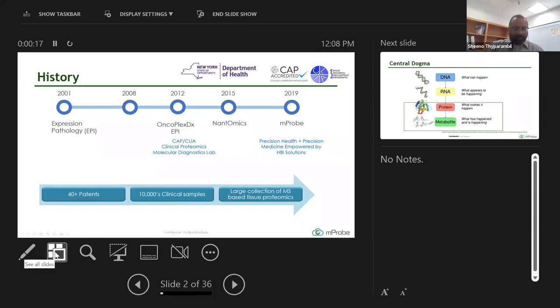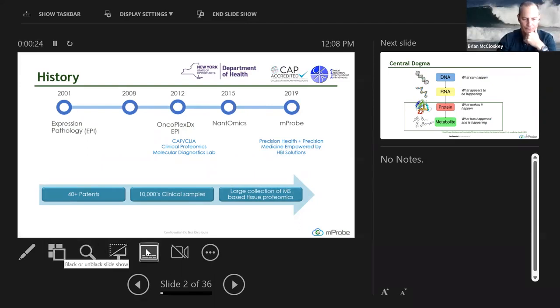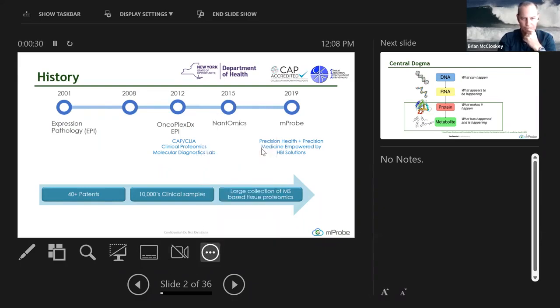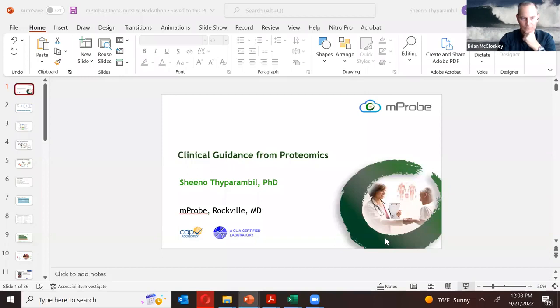I think if you go to display settings, I think you can find it up there. Is that better? Bingo. Okay. All right. So. And then, sorry, one more thing, Sheeno.